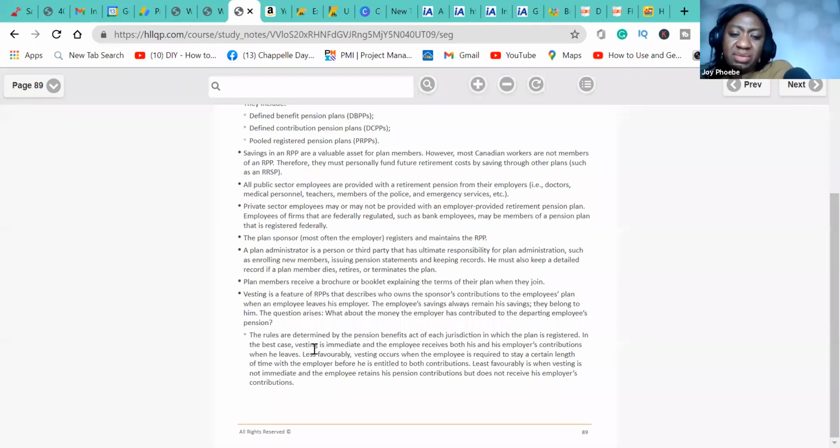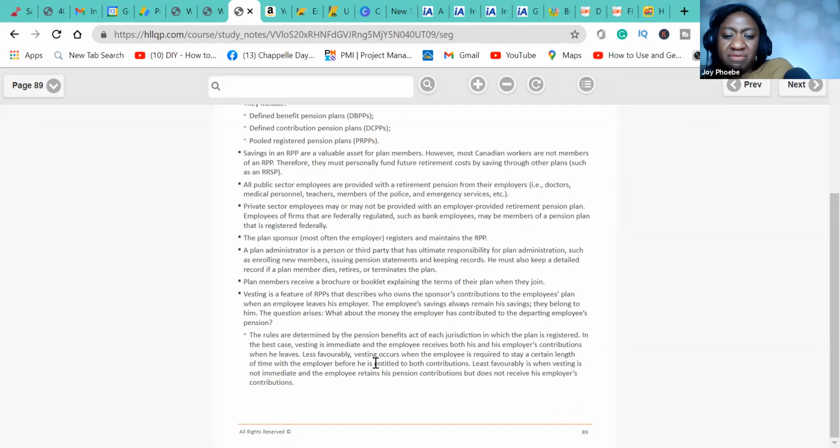The rules are determined by the Pension Benefit Act of each jurisdiction in which the plan is registered. In the best case, vesting is immediate, and the employee receives both his or her own and the employer's contribution when he leaves.